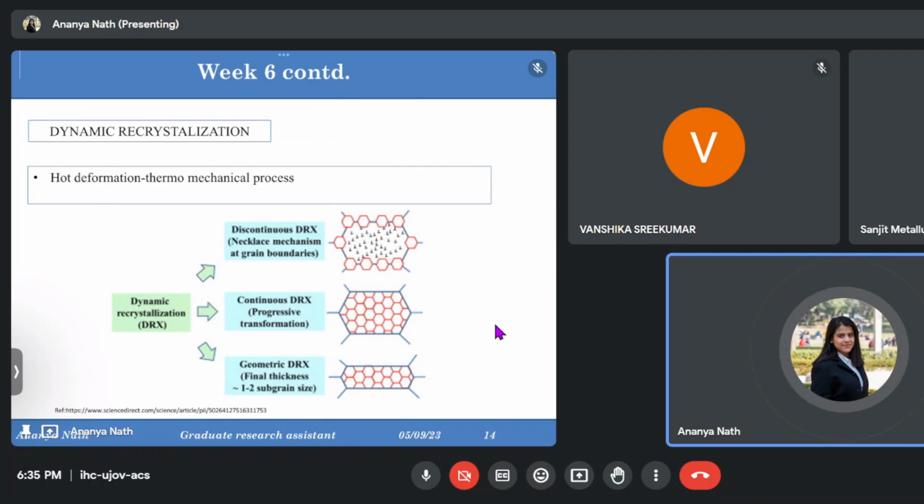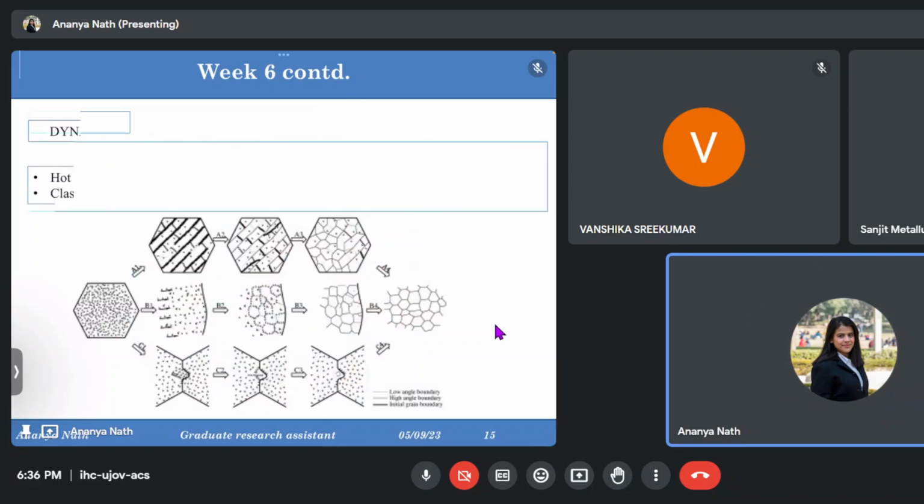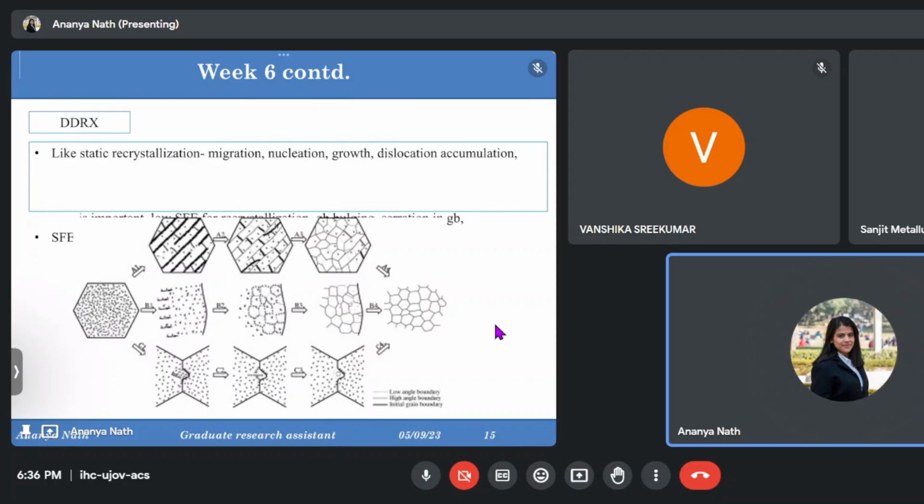So in the classification also, you'll see the discontinuous, continuous, and geometric dynamic recrystallization. The difference is not that much, but there are some differences between these processes. So let's see that. First is DDRX, meaning discontinuous dynamic recrystallization.